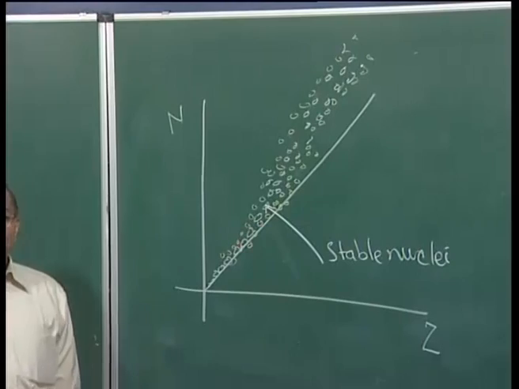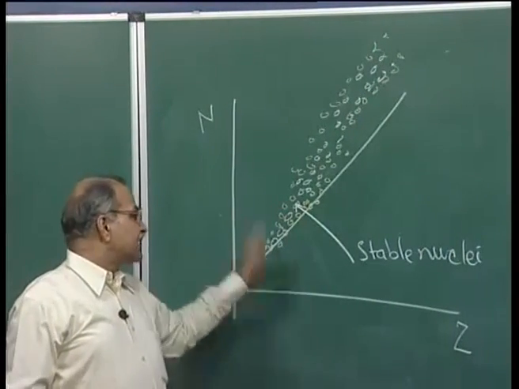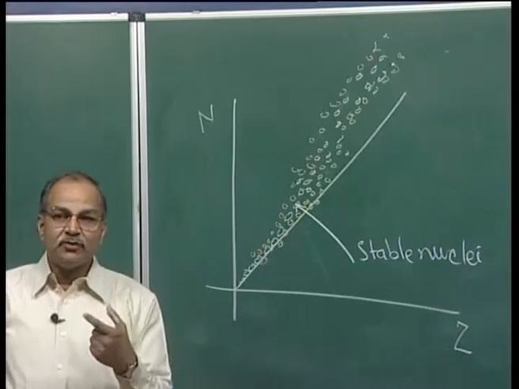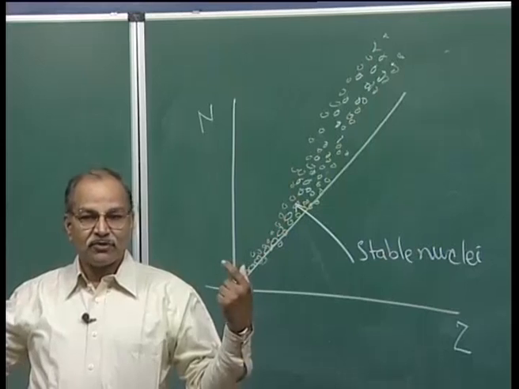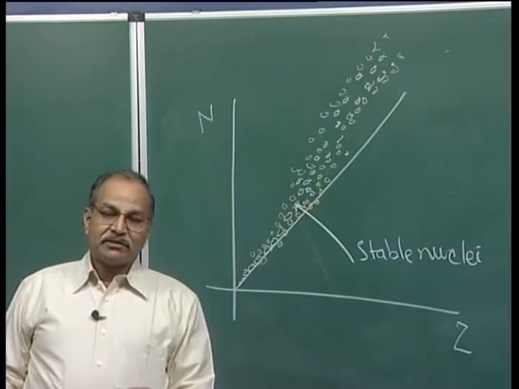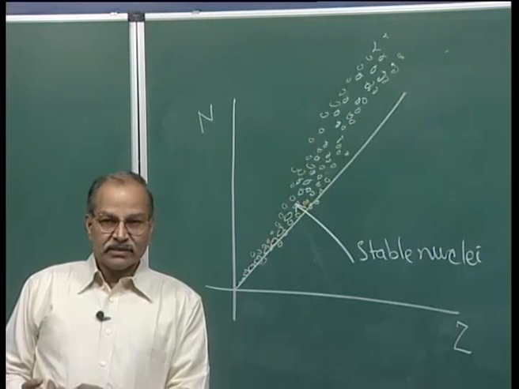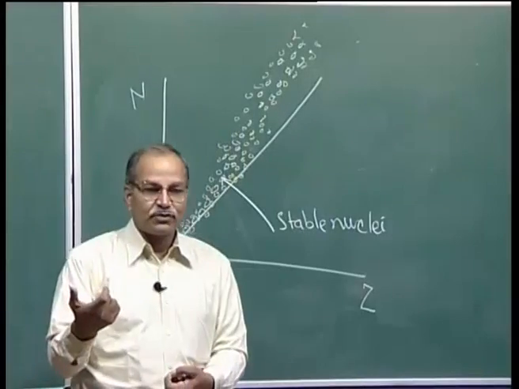Stable nuclei means there are certain combinations of Z and N for which once the nucleus is formed, it remains there for a long time. And unstable means that the nucleus changes itself during some course of time.